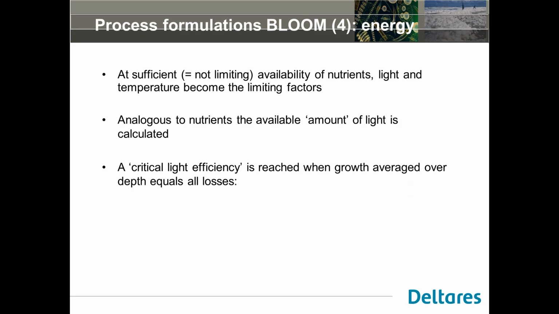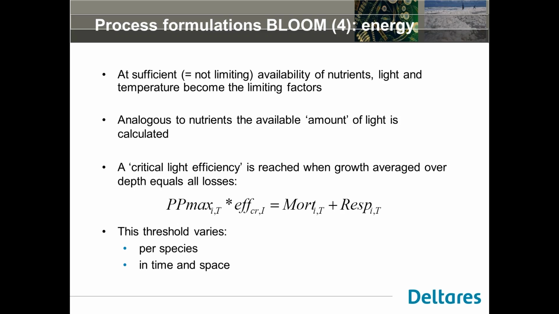And a critical light intensity, light efficiency, is reached when growth averaged over depth equals all the losses, which is shown in this graph over here, saying that the maximum growth rate, which is a function of the temperature, multiplied by the light efficiency equals the mortality plus the respiration, both of which are functions of temperature as well. This threshold holds for every species, and it varies in time and in space.